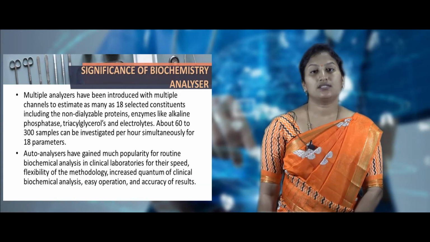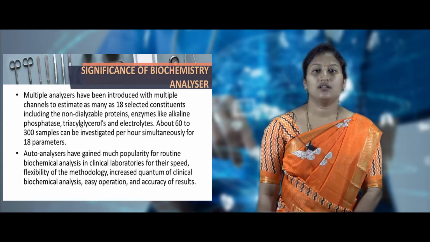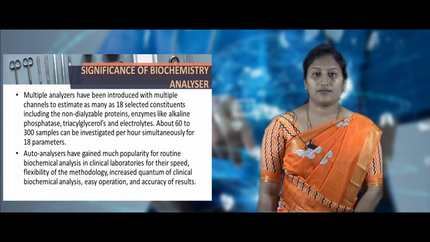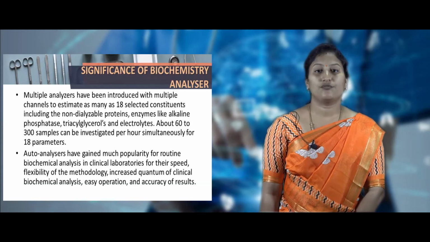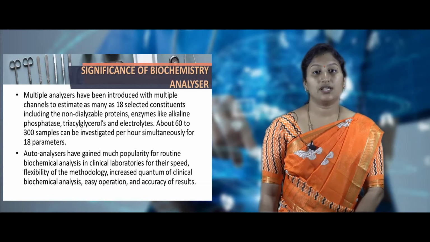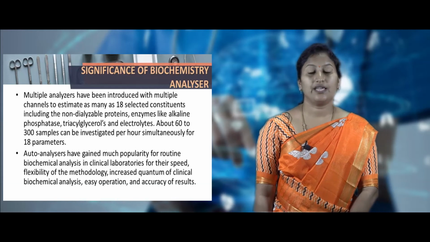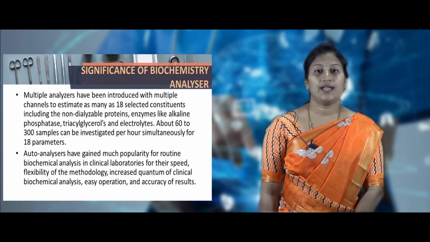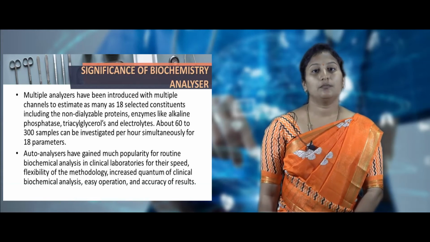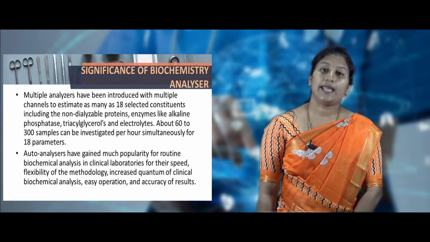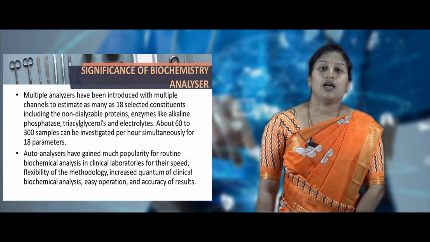Now we'll see the significance of autoanalyzer. Multiple instruments have been developed with multiple channels for around 18 constituents including non-dialyzable proteins, enzymes like alkaline phosphatase and electrolytes. Around 60 to 300 samples can be investigated per hour for around 18 parameters.